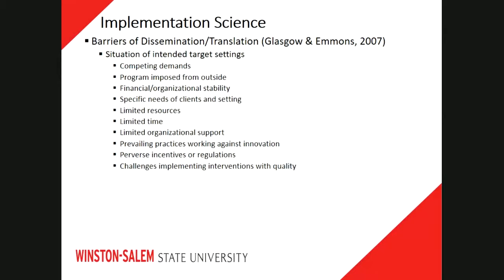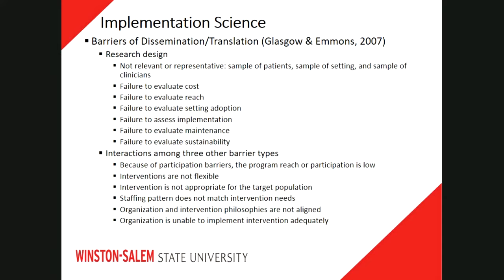And so again, you've also got barriers that are related to the situation of the intended target settings, competing demands. We discussed a little bit about that. Programs imposed from the outside, financial and organizational stability, limited resources, limited time. This list could be much, much more extensive, but it begins to give you an idea.